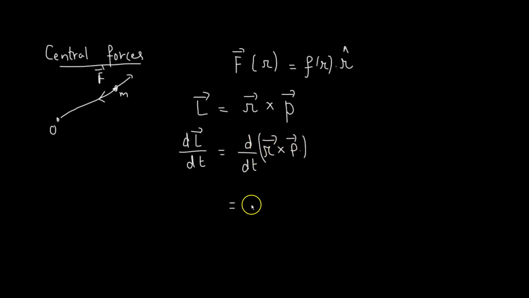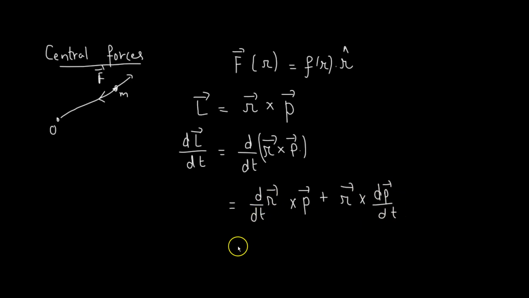We expand using the product rule: d/dt of r vector crossed with p vector, plus r vector crossed with dp vector over dt.